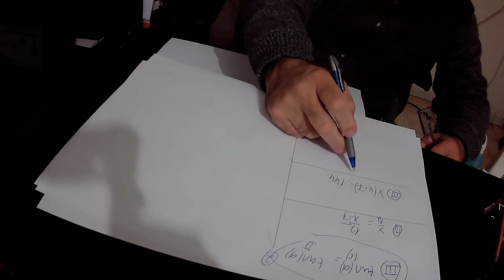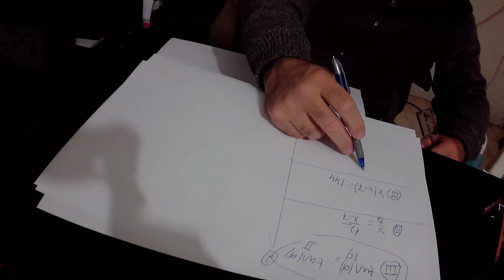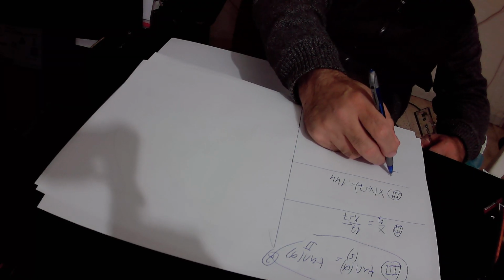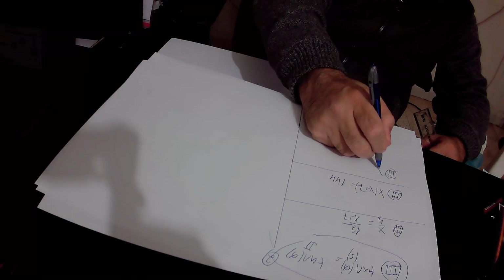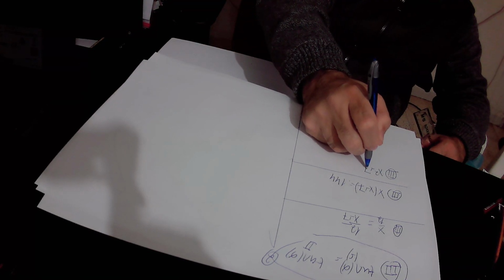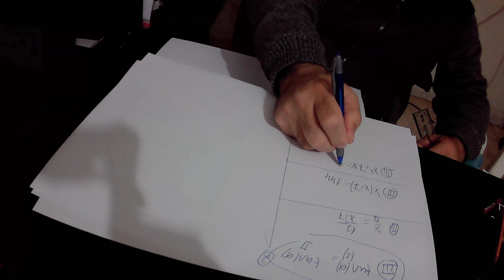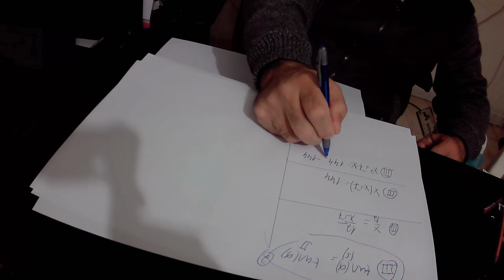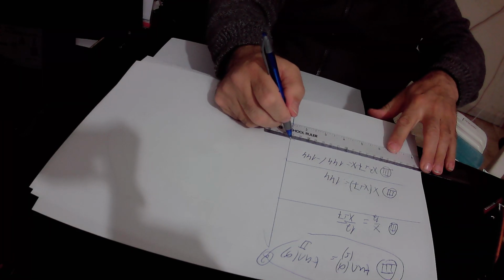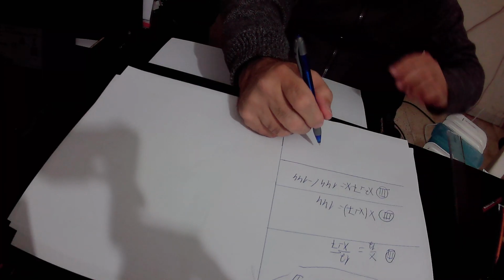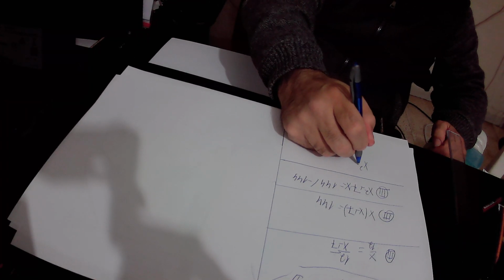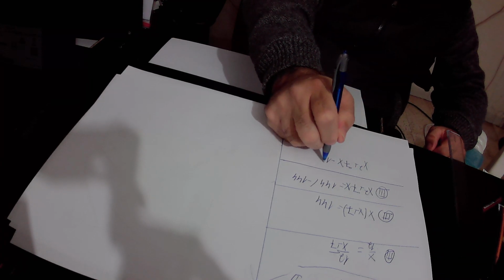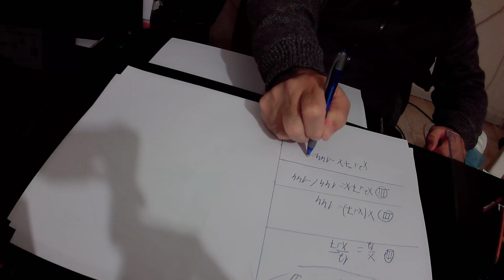Here we'll open the brackets of this side of equation number 3 and we get that x times x is x squared, plus 7x equals 144. Here we subtract 144 from both sides and we get that x squared plus 7x minus 144 equals 0.